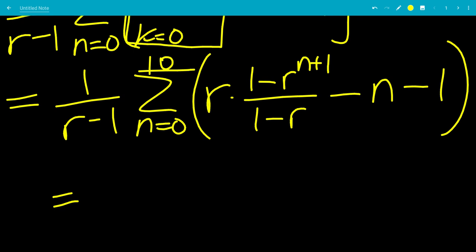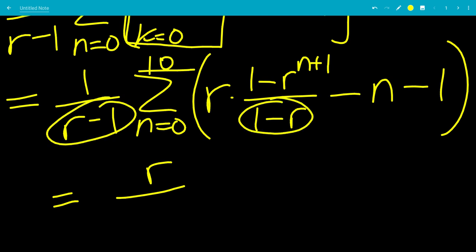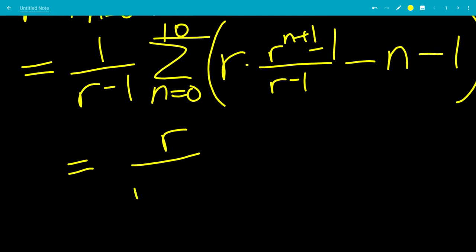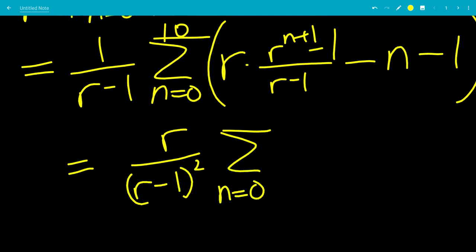So for the first part, we have r over r minus 1 times r minus 1. Actually, I wrote that wrong, but it's r minus 1 because of the negative sign. So it's r to the n plus 1 minus 1. So r minus 1 times r minus 1 is r minus 1 squared. Then we'll have the sum from n equals 0 to 10 first of just r to the n plus 1 minus 1.